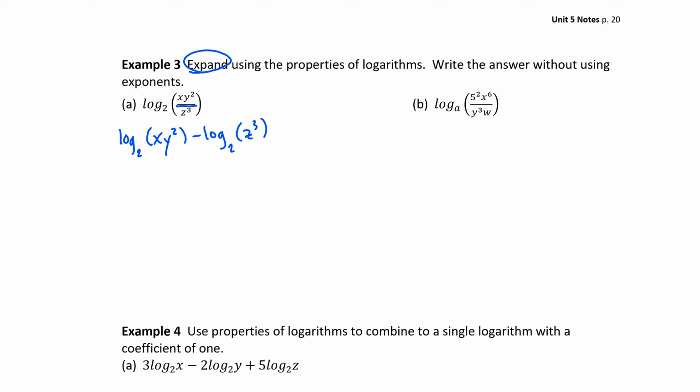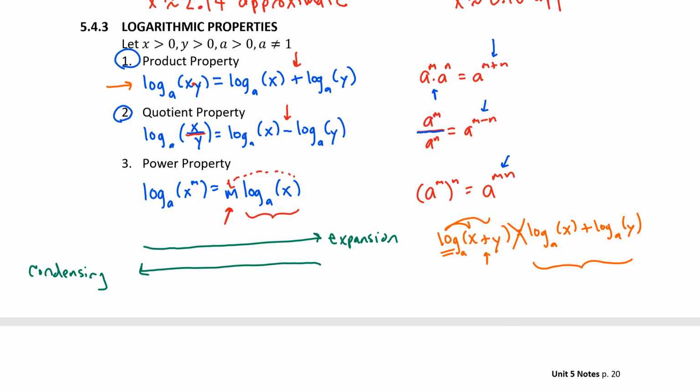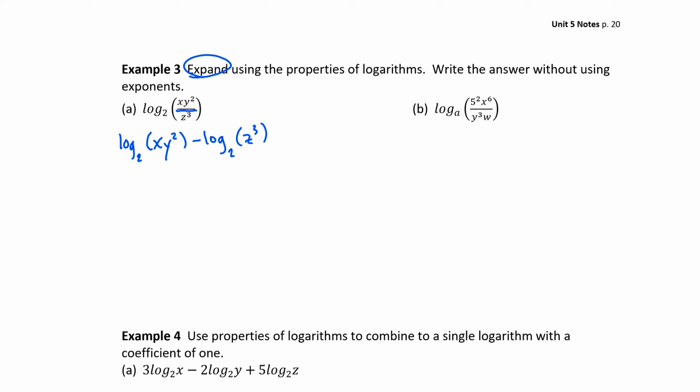Now notice on the first logarithm, now we're dealing with a product. So we need to take our product rule and expand that logarithm. The logarithm of a product becomes the sum of two logarithms. Each factor is going to get its own logarithm. So log base 2 of xy squared becomes log base 2 of the first factor x plus log base 2 of the second factor y squared.